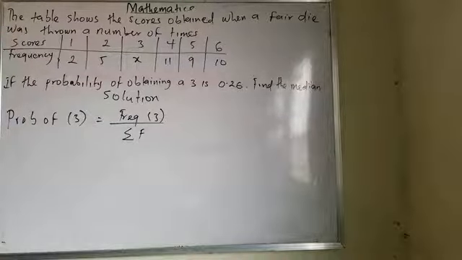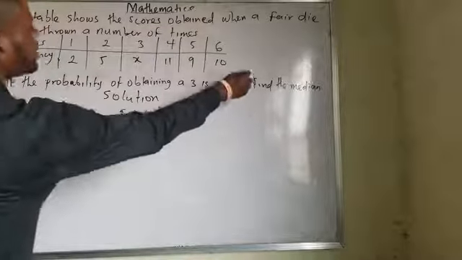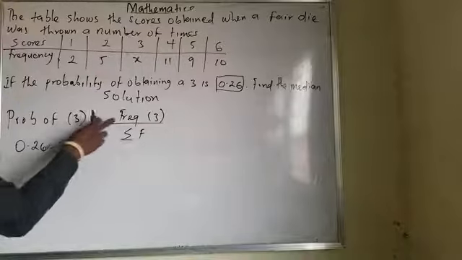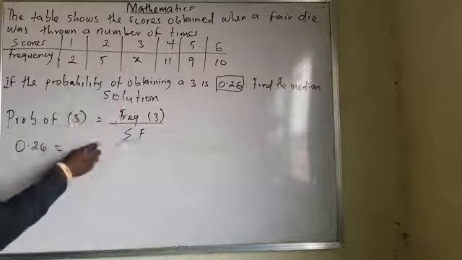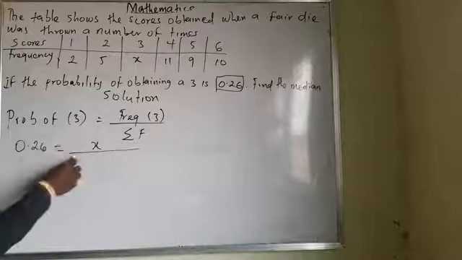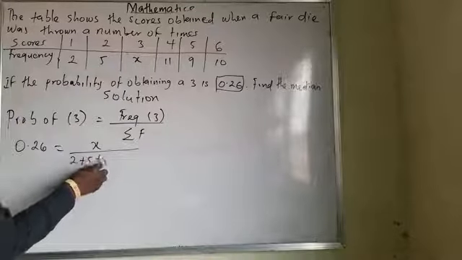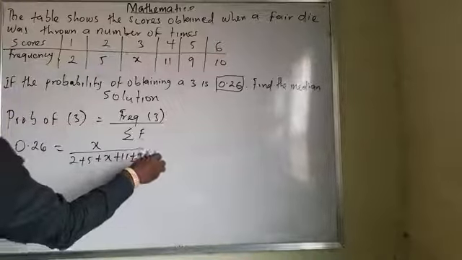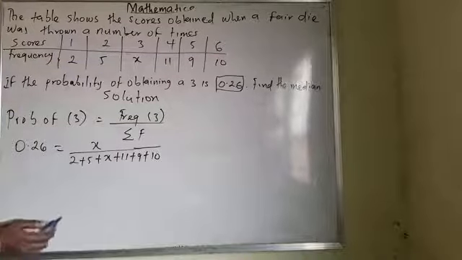Now, the probability of obtaining 3 is this. It means I'm talking about 0.26 equals frequency of 3, which is x, divided by the total frequency: 7 plus 5 plus x plus 11 plus 9 plus 10. That is what you need to do.